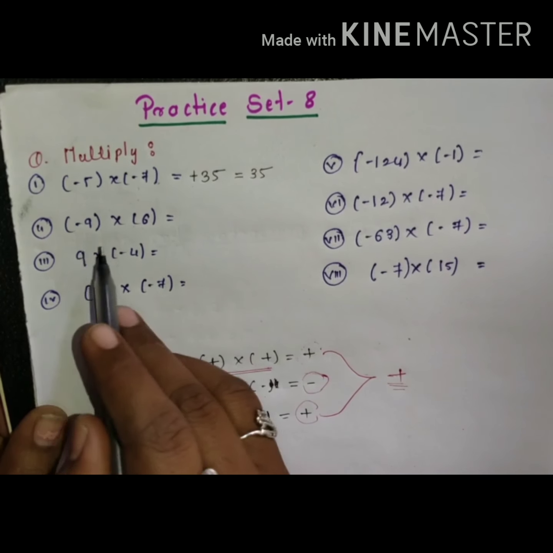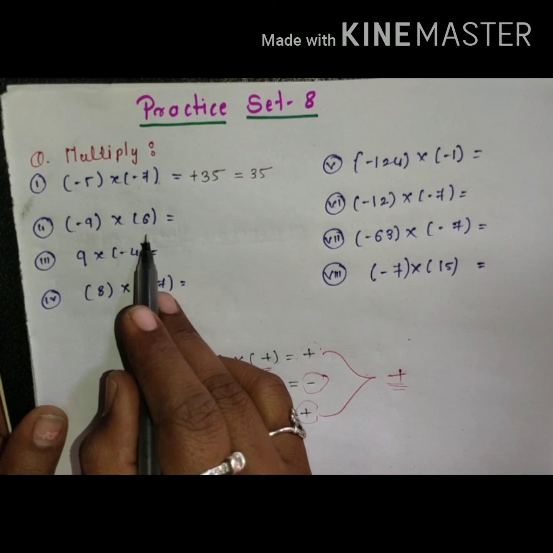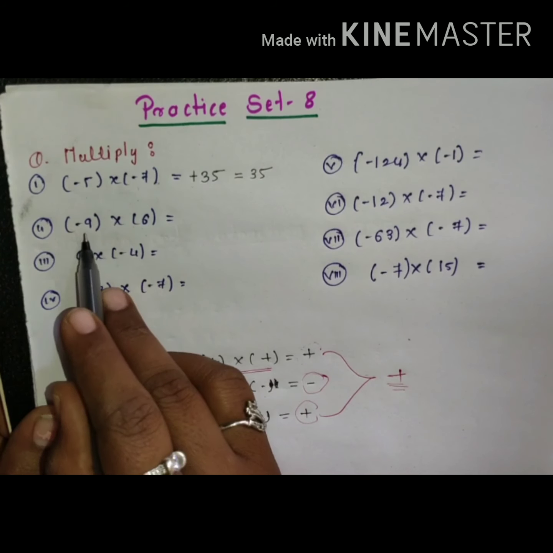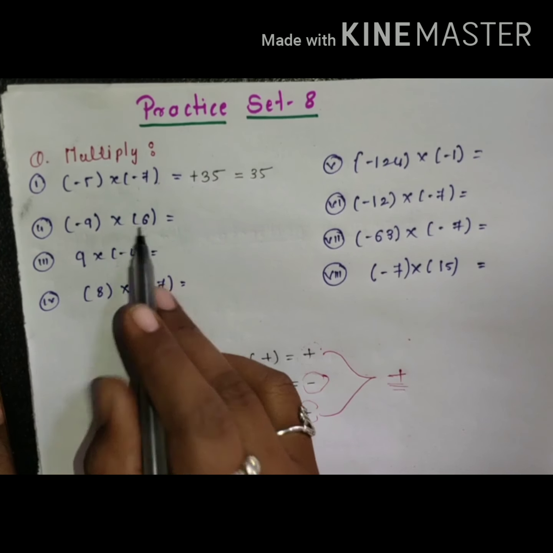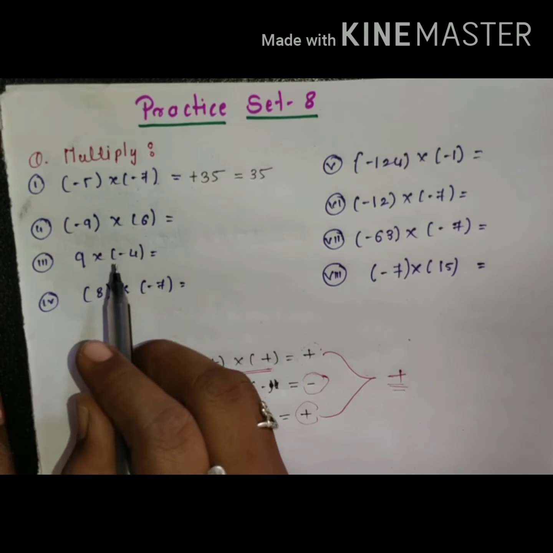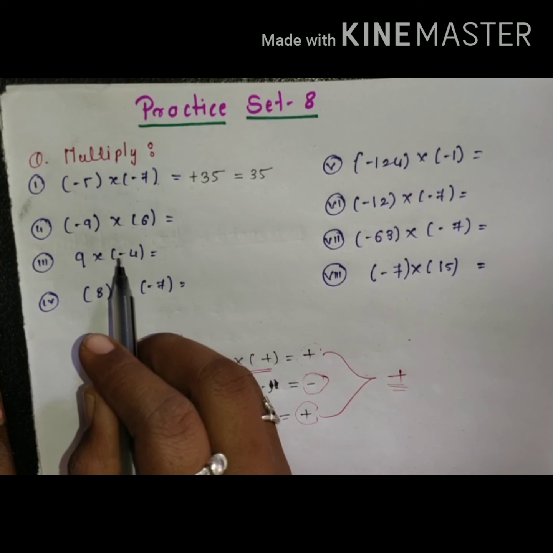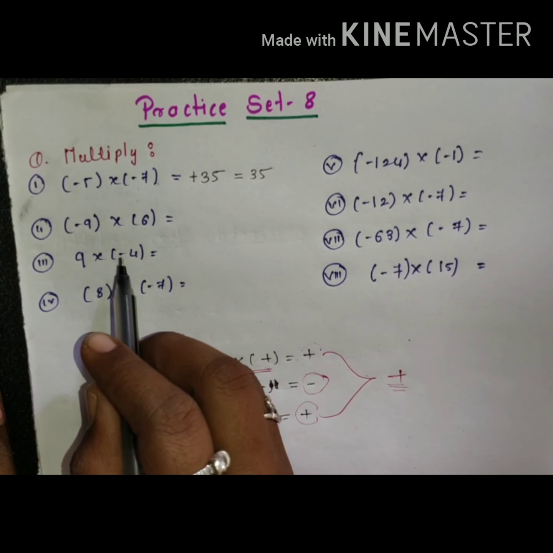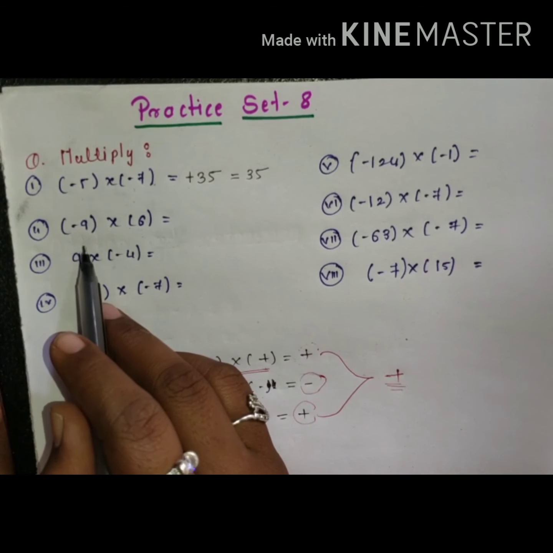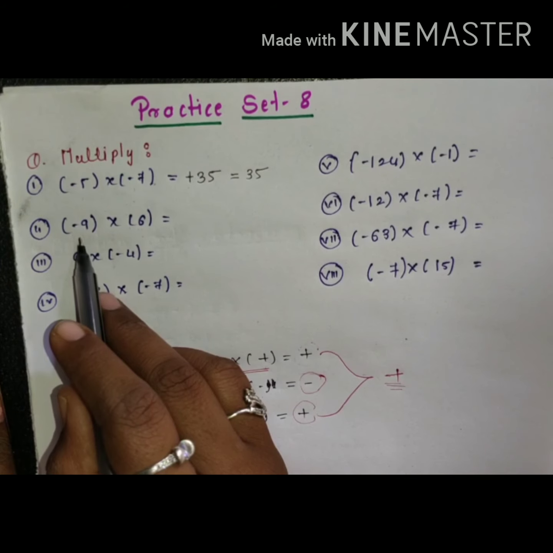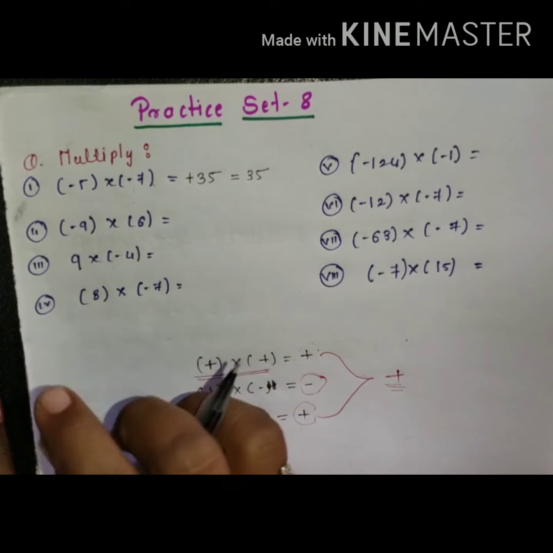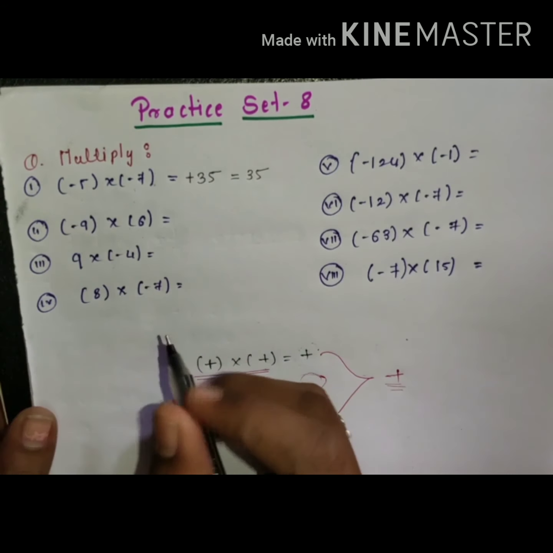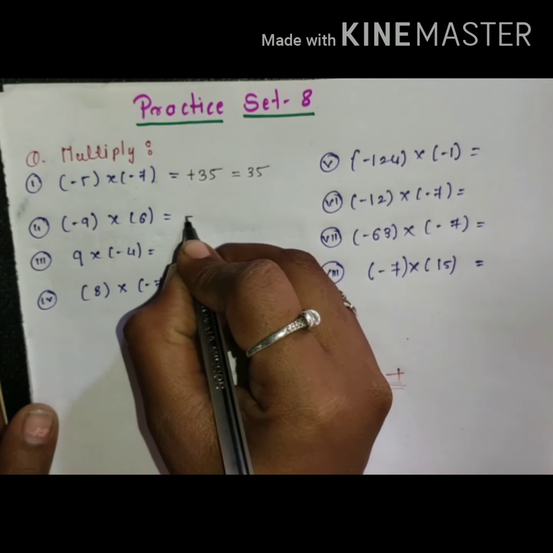Second one is minus 9 into 6. First number is negative, second one is positive. According to the second rule, the multiplication of one positive integer and one negative integer is always negative. It doesn't matter whether the first number is positive or negative; if one is positive and one is negative, then the answer is always negative.